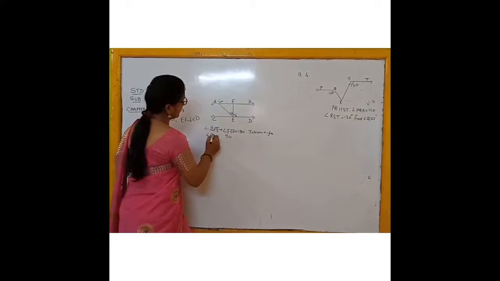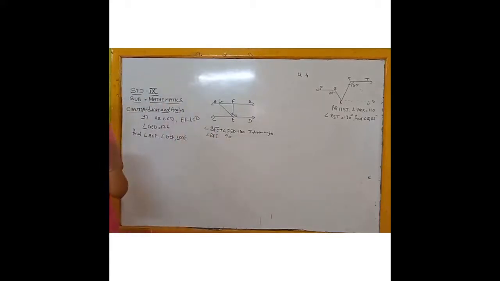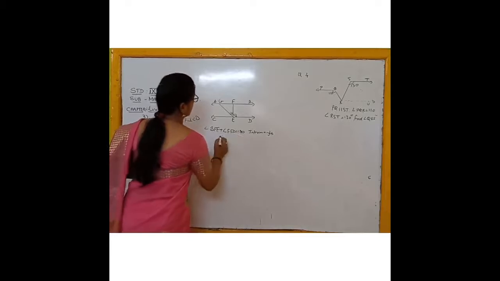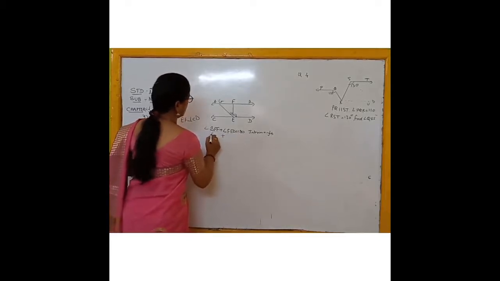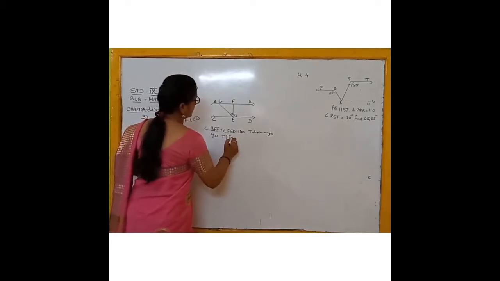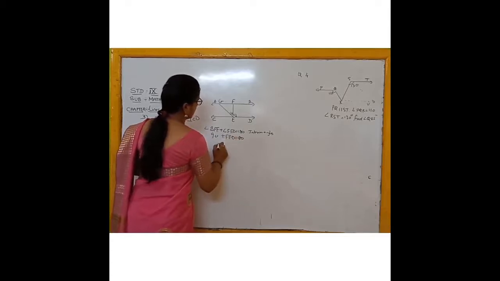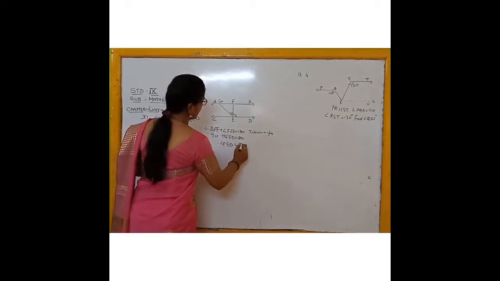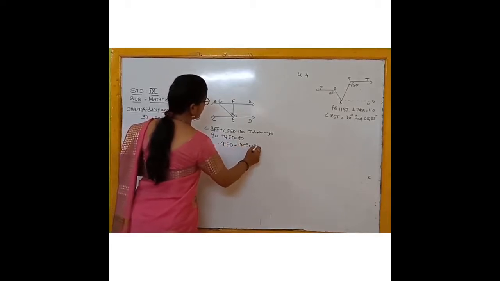So angle FEB is equal to 180 minus 90 degrees.